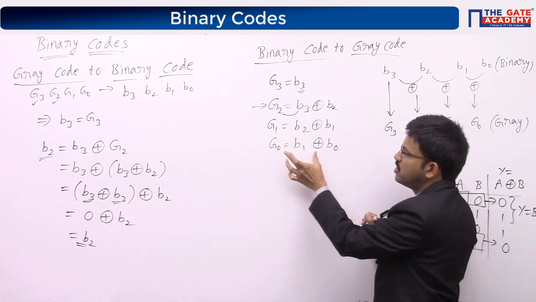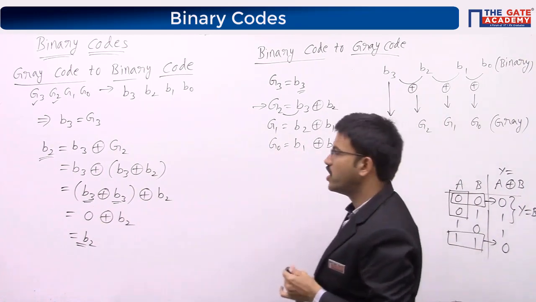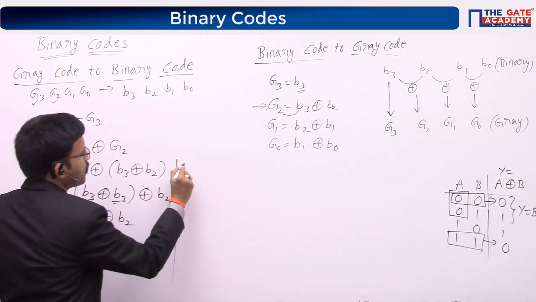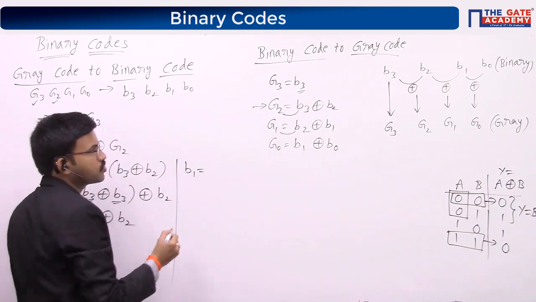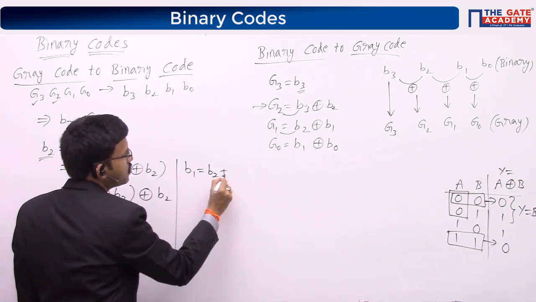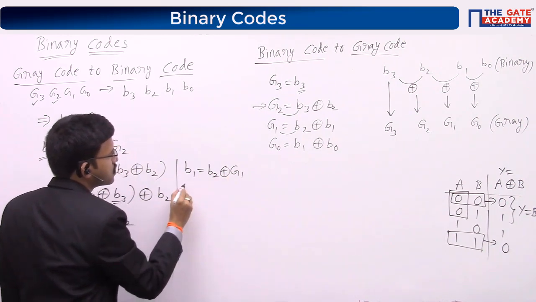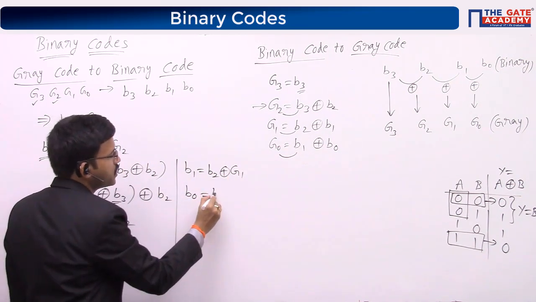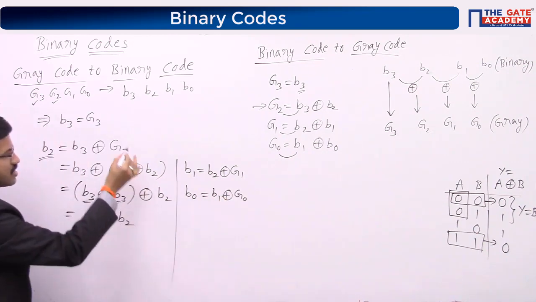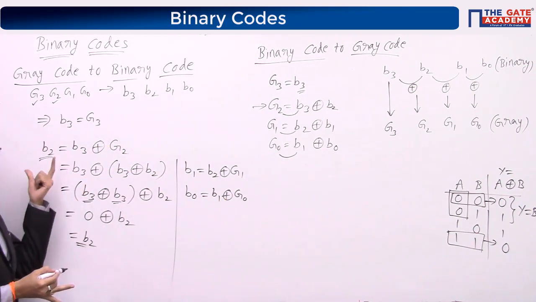Similarly, in order to get B0, I will do XOR on these two. So directly you can write B1 equal to exclusive OR on these two, that means B2 XOR G1. Next, B0 equal to XOR on these two, B1 XOR G0.